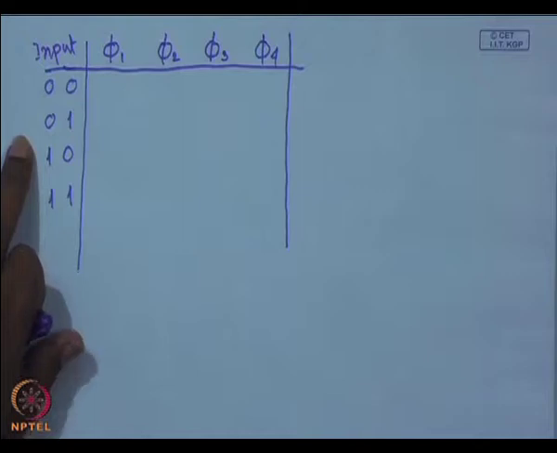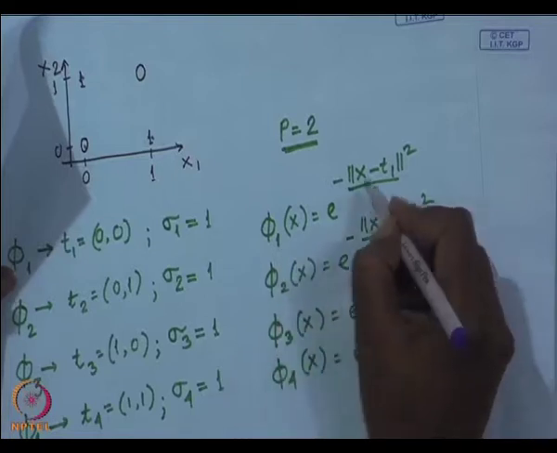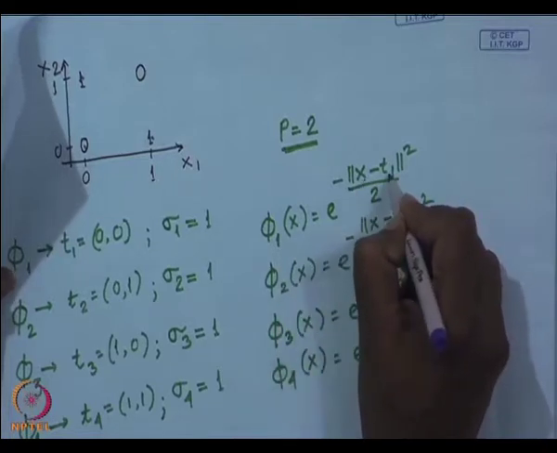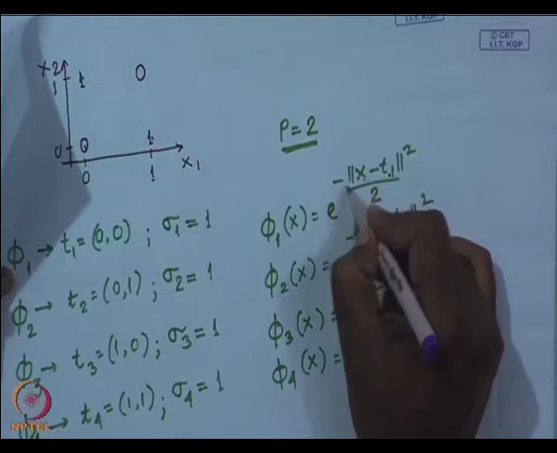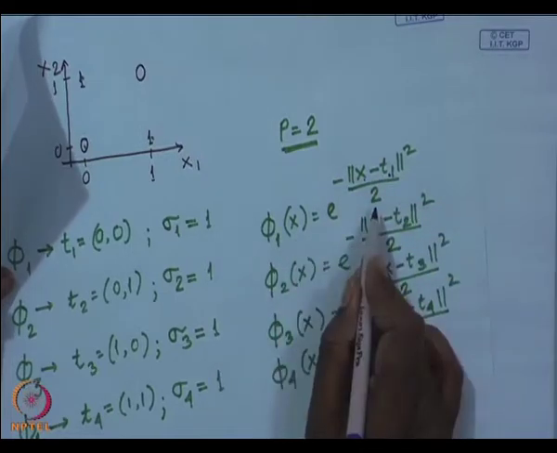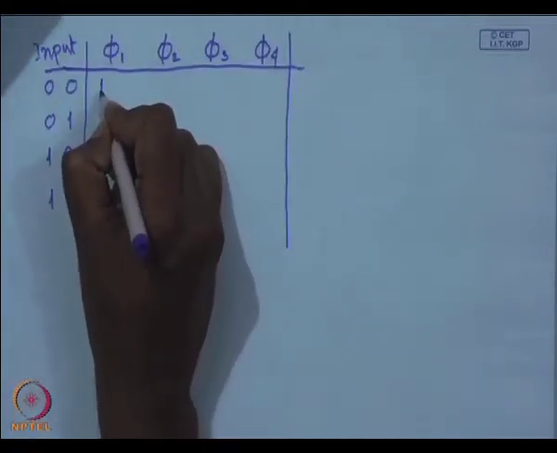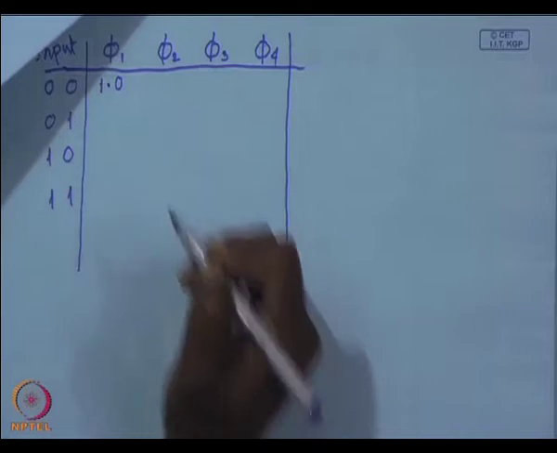So, when you input the feature vector 0 0 to phi 1, you find that your x is equal to t 1. So, this exponent is equal to 0, which means that phi 1 x will be equal to 1. So, this phi 1 x over here will be 1.0.